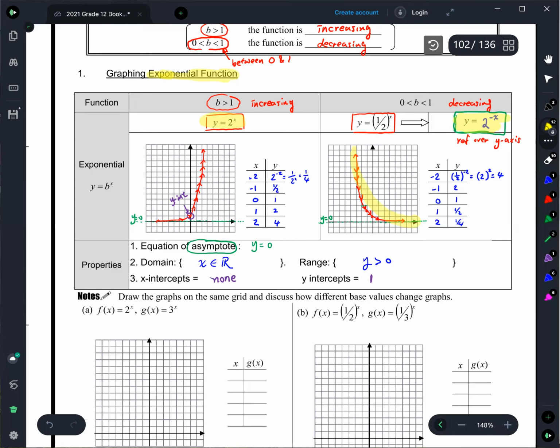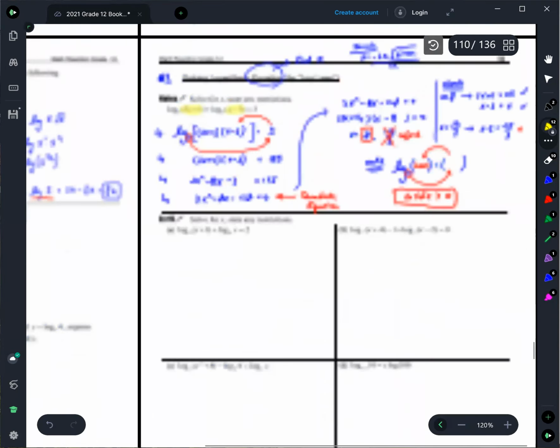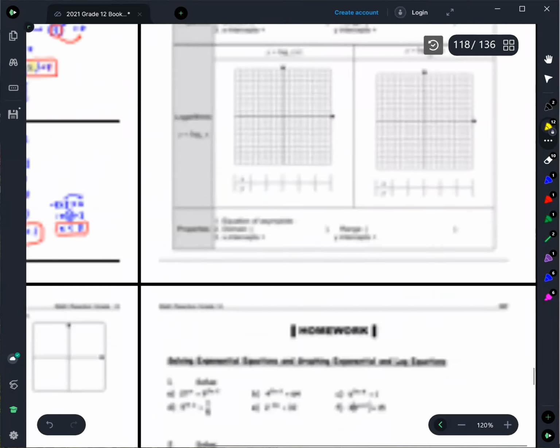The one going up from left to right is called increasing. So these are called exponential, and their inverse will be the log. Now we're going to compare this with our inverse function.